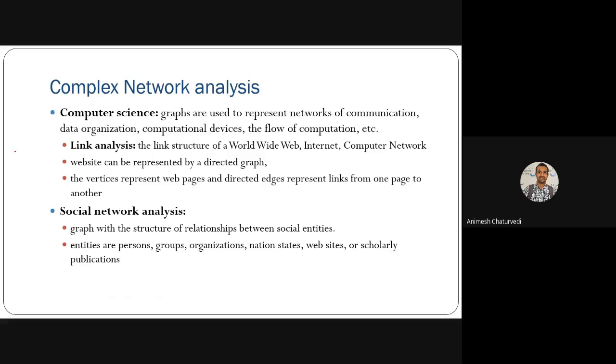Various web pages are there. Page 1 is directed towards page 2, page 2 is directed towards page 3, page 3 is directed towards page 4, and again page 4 is directed towards page 4. So the graph could be plotted like this, and you can do the study and analysis on such graphs based upon graph theory.